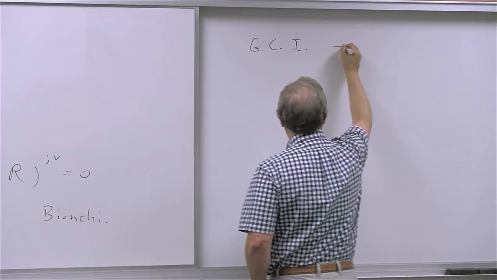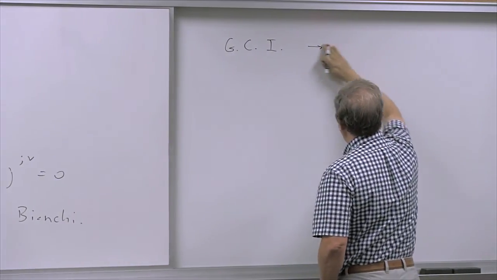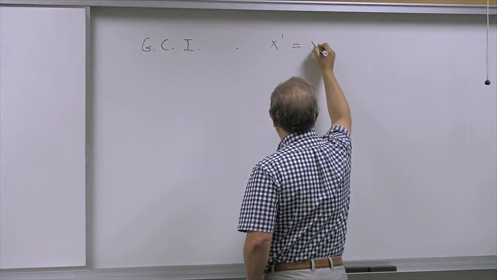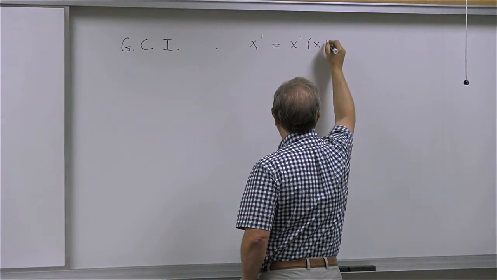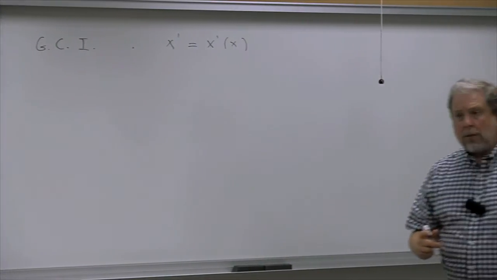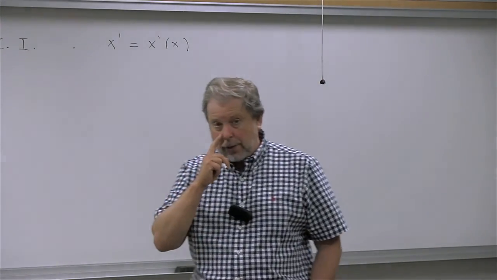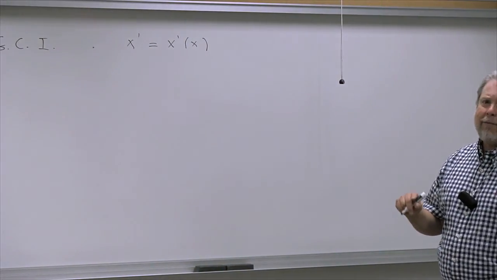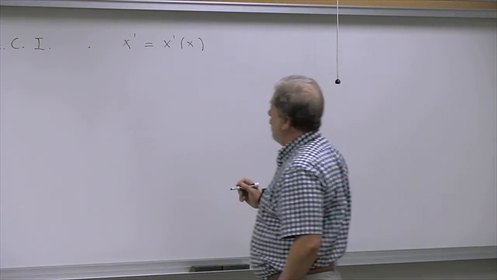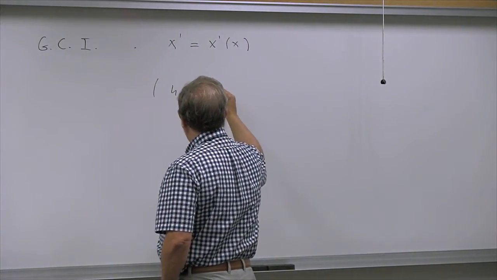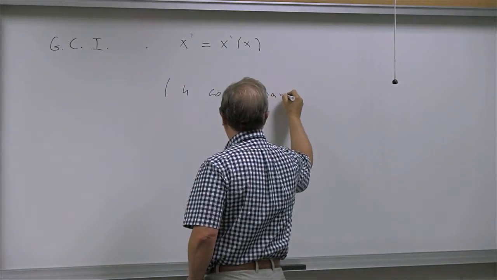General coordinate invariance implies that we can go from one coordinate system to another one by changing coordinates. So that means that we have a freedom to redefine the metric. And as a result of that freedom, we actually have 4 fewer independent degrees of freedom, because we can have 4 coordinate transformations.